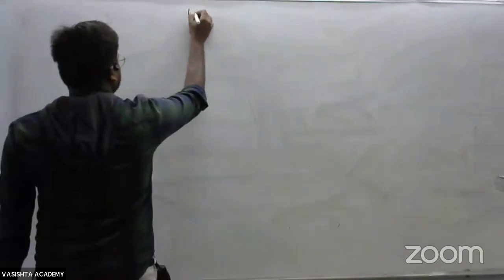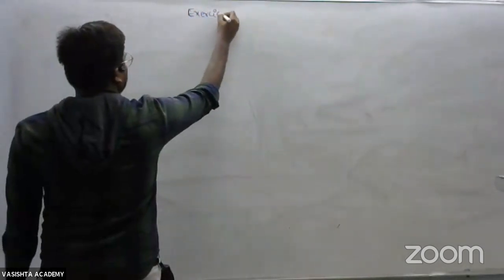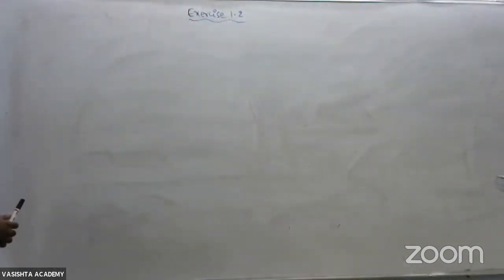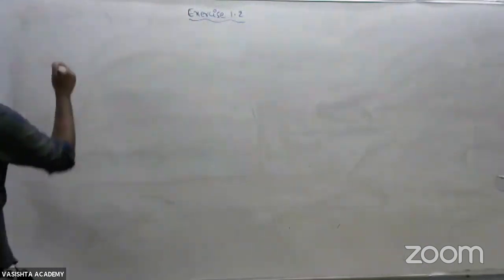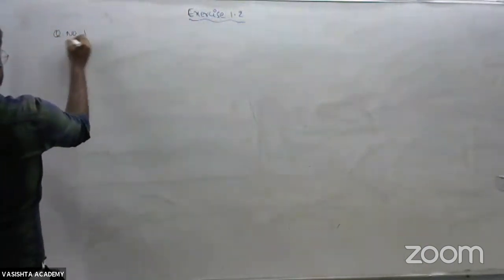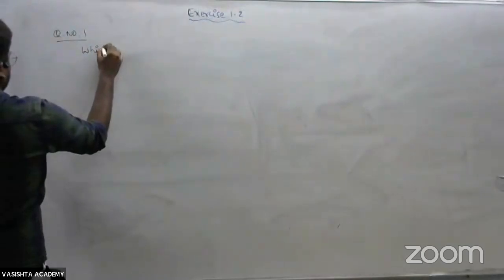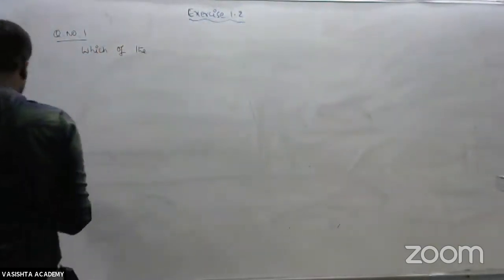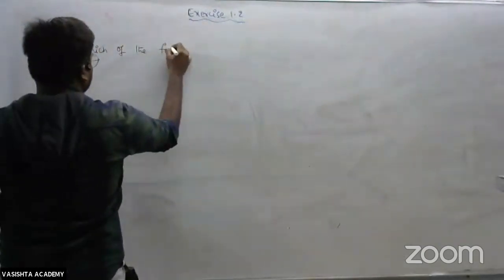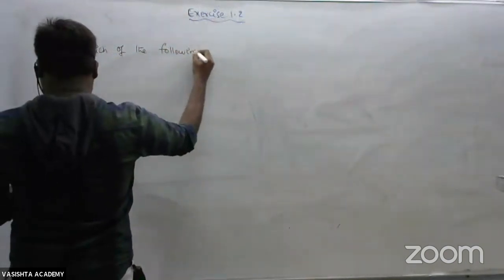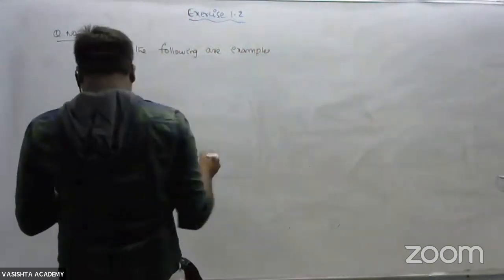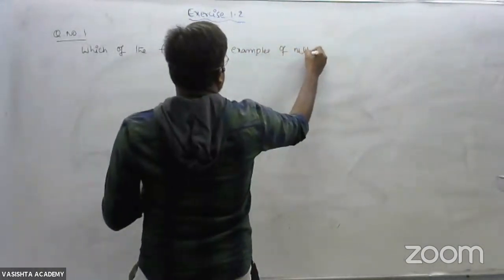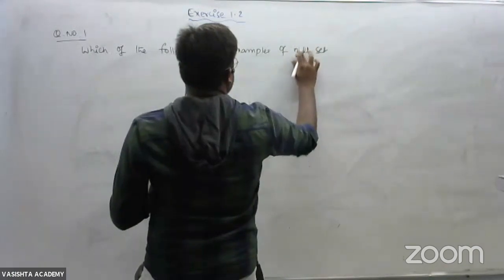Exercise 1.2. First question. Which of the following are examples of the null set? Question number 1. Which of the following are examples of null set or empty set?